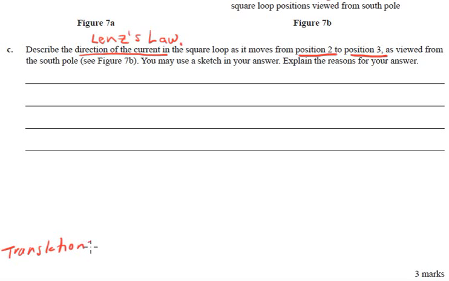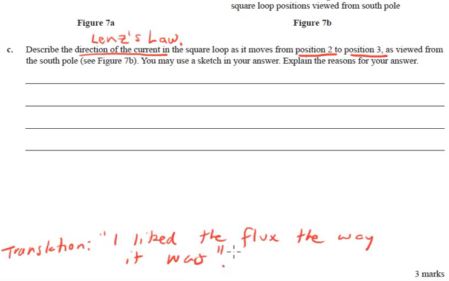So translation of Lenz's law: I liked the flux the way it was. This is going to help us step through this question. I liked the flux the way it was. We can cross it out later.